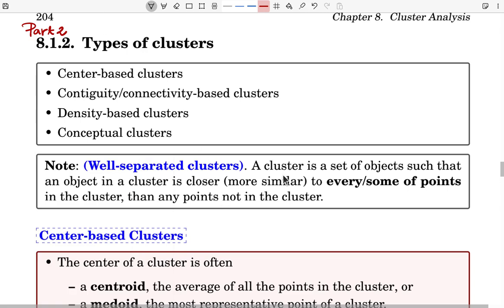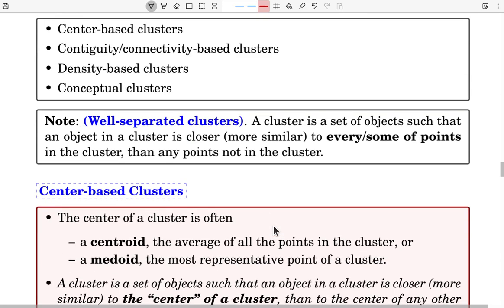A cluster, by definition, is a set of objects such that an object in a cluster is closer or more similar to every or some of the points in the cluster than any points not in the cluster.